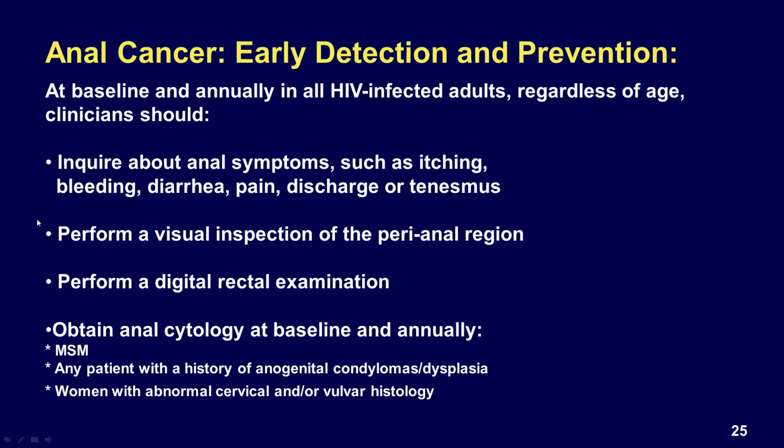Annually, in most offices, we are also doing an anal cytology or anal Pap smear, especially in men having sex with men, or any patients with a history of condylomas, warts or dysplasia, and also women who have cervical dysplasia or a history of vulvar dysplasia.